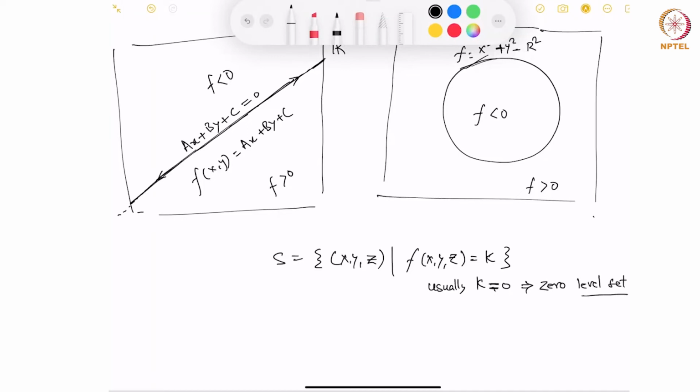So these are the different level sets of this implicit function. k equals 0 is the usual level set that we are interested in, but you could have anything for k here. So if generalized, that would be my surface representation, right?